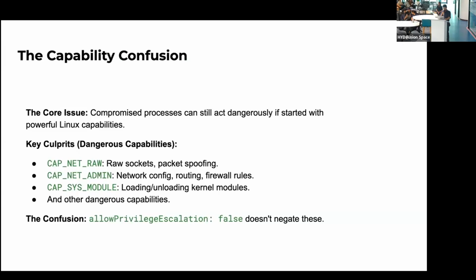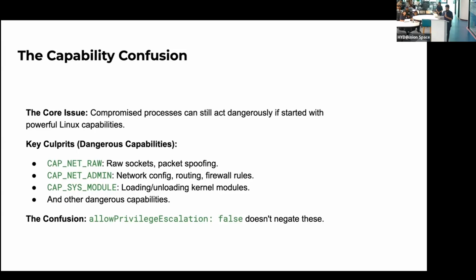And what is the capability confusion? Kubernetes source code claims that if you set allowPrivilegeEscalation to false, you cannot add CAP_SYS_ADMIN. If you add CAP_SYS_ADMIN, you are basically root of the entire kernel, think of it, right? But it does allow CAP_SYS_MODULE, which allows you to load dangerous kernel modules, which is indirectly privilege escalation by its nature.